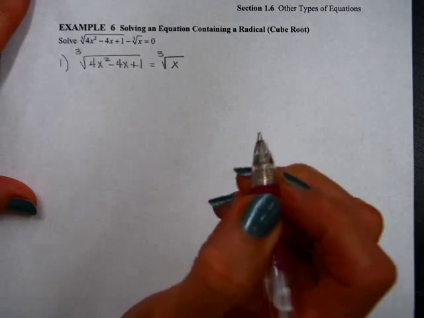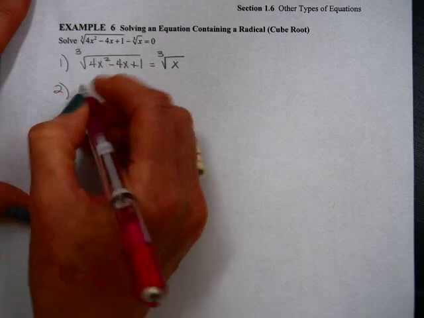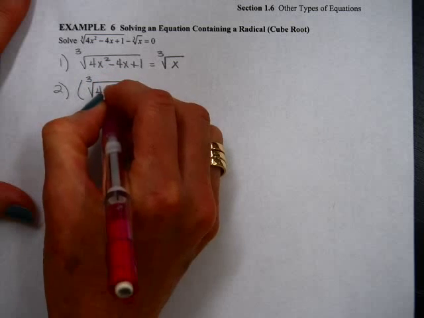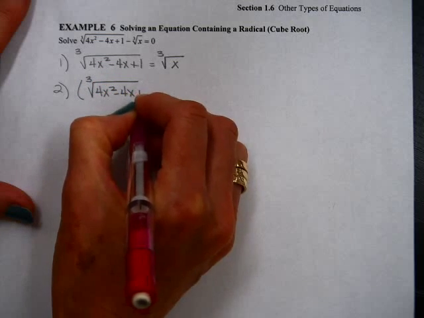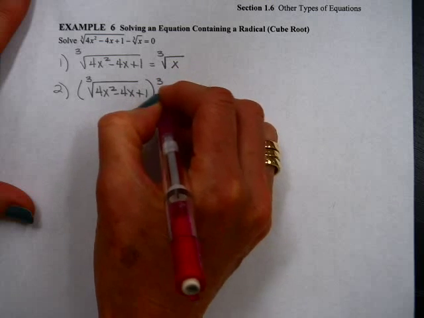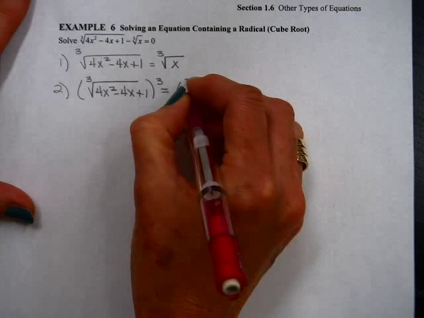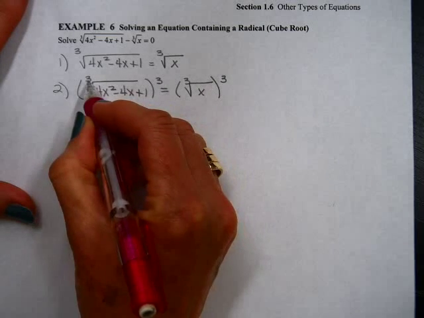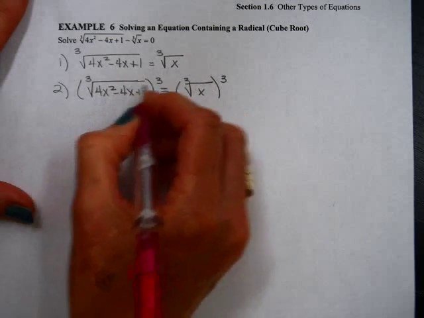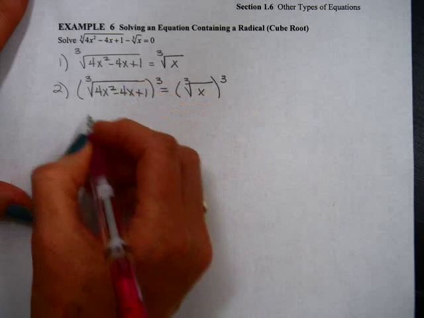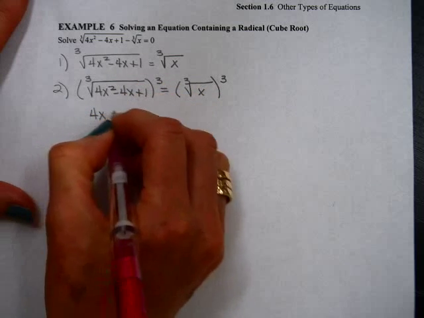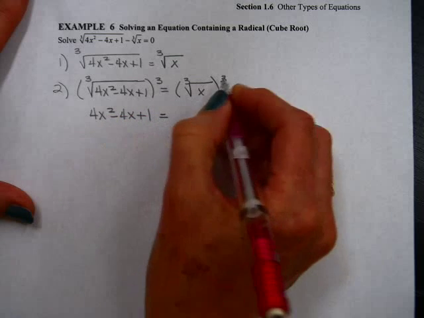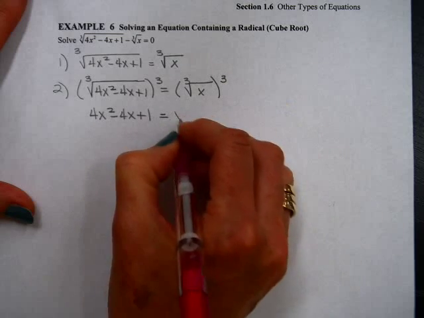In order to get rid of a cube root, we're going to have to take both sides to the 3rd power. So to get rid of this cube root, I'm going to cube both sides. When you cube the cube root, you're going to get 4x squared minus 4x plus 1 is equal to, when you cube the cube root, you get x.